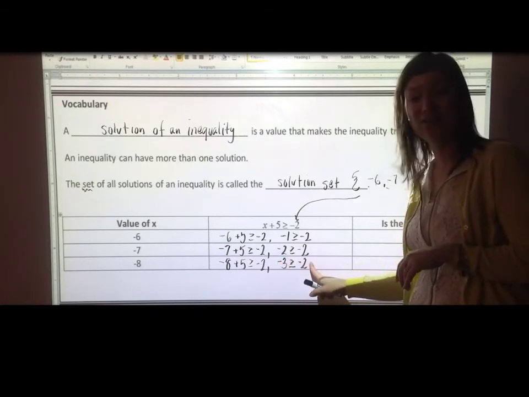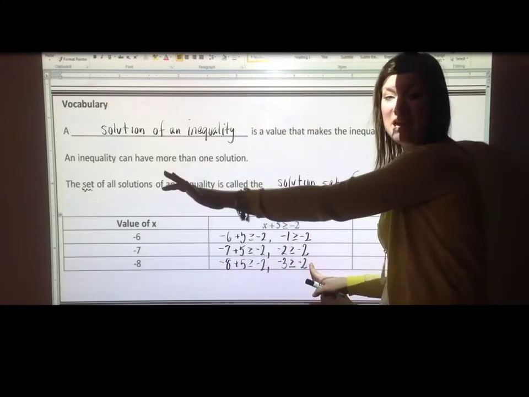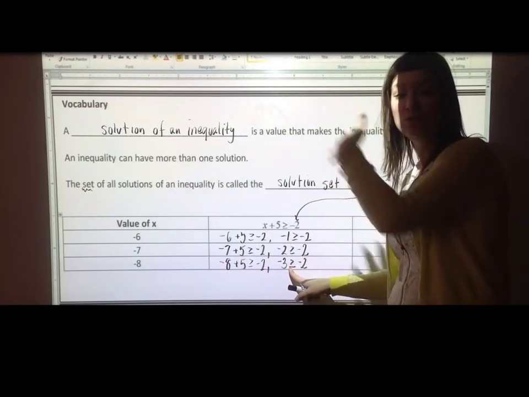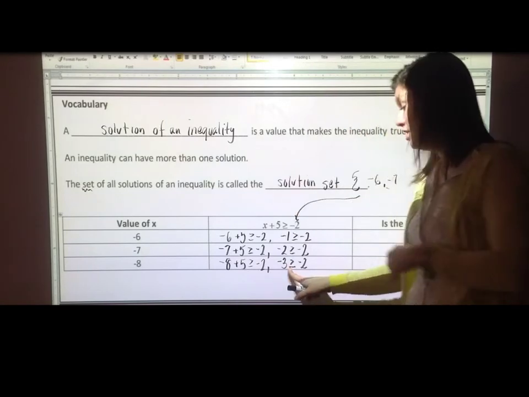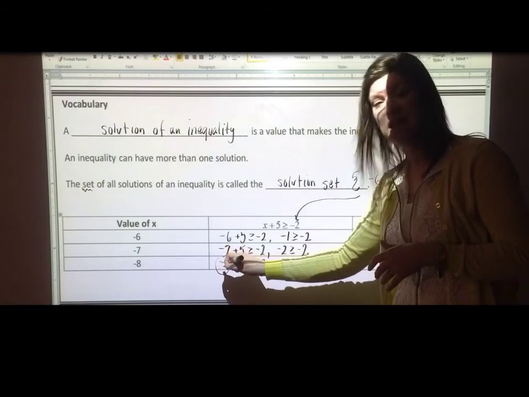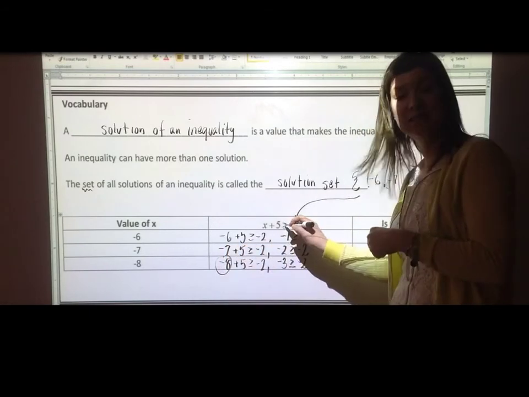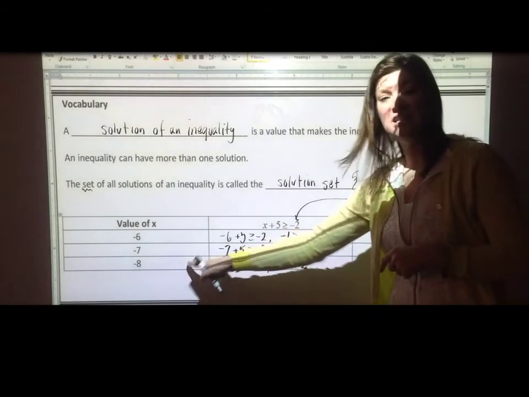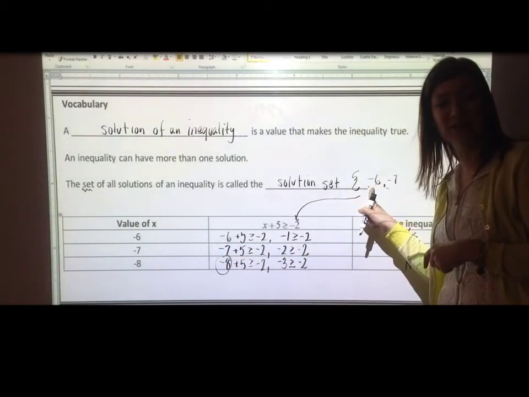It's not greater than negative 2 because it's further away from 0 than negative 2 is. It's not equal to negative 2, two different locations on the number line. So this is not true. So that means that negative 8 does not make this statement true. So I'm going to say no. So negative 8 does not belong in that solution set.